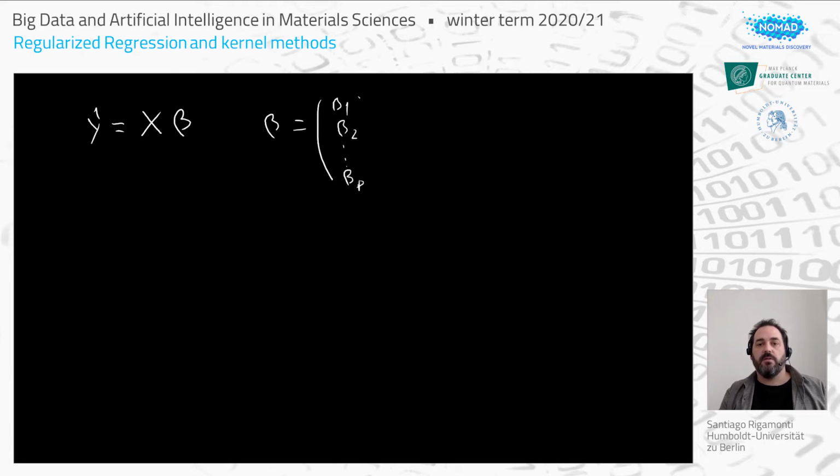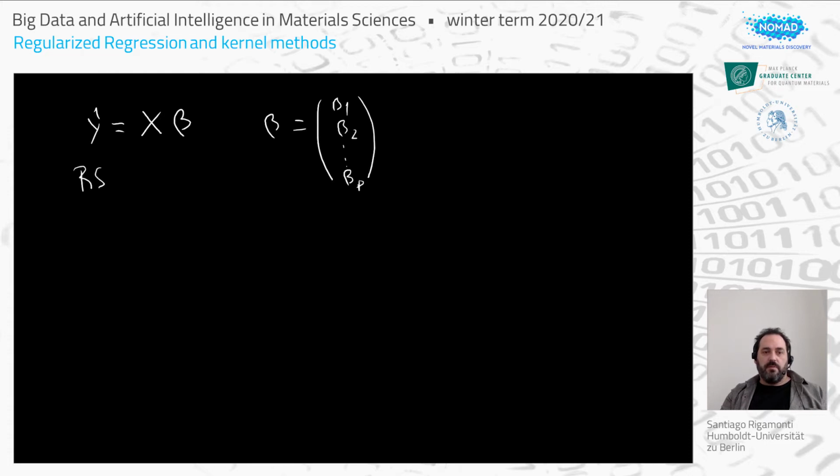So this will correspond to a hyperplane in the column space of the matrix X. So one way to find the optimal parameters of the model is just to optimize the residual sum of squares.